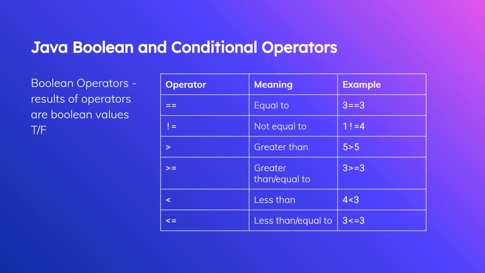So our first operator is the double equal sign, and it means equal to. Oh wait, that's the next slide, my bad. In this case, we're comparing values. We have this example over here, 3 equals 3. That basically is asking, does 3 equal 3? Does anyone want to answer that question?